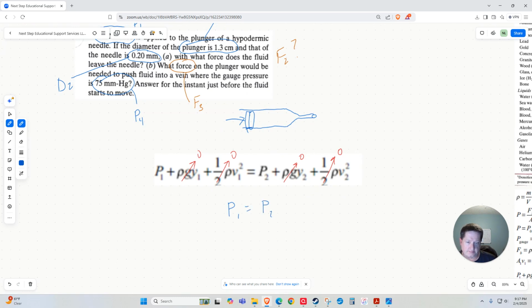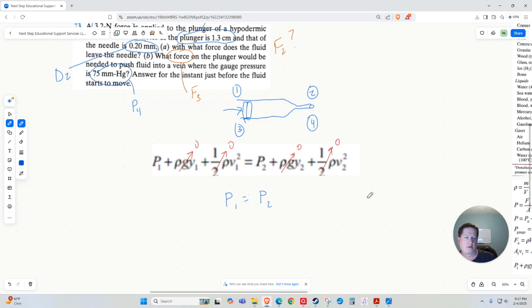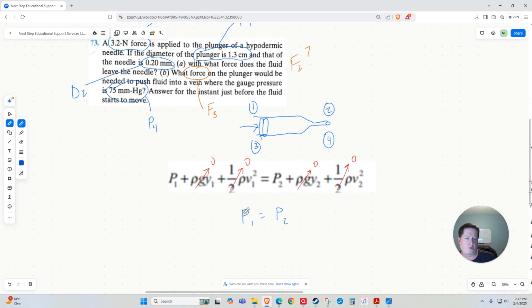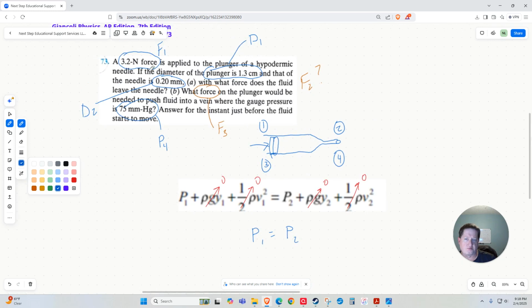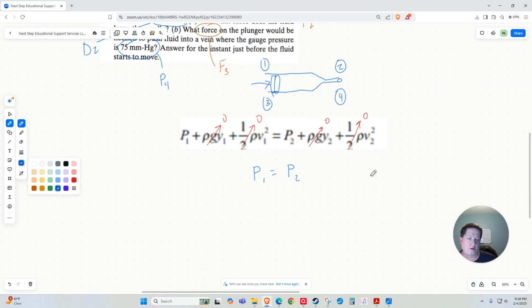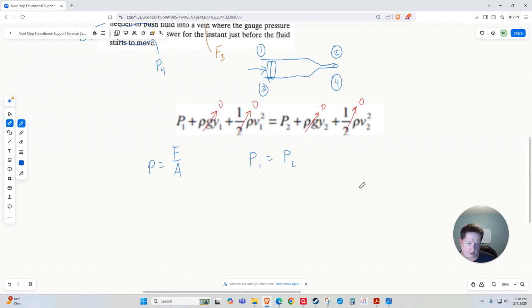It may not look very interesting, but that's okay. So again, we're calling this point 1 over here and this point 2 over here. We're later going to call this 3 and 4 for scenario 2 and part B. And for part A, we don't have pressure at either location, but given that the definition of pressure is force per unit area, and they are talking about forces, and we have geometric dimensions to calculate area, we're going to make that substitution at point 1 and point 2.